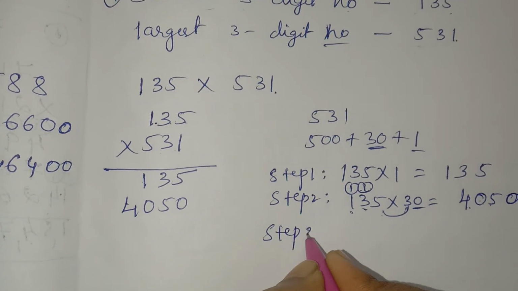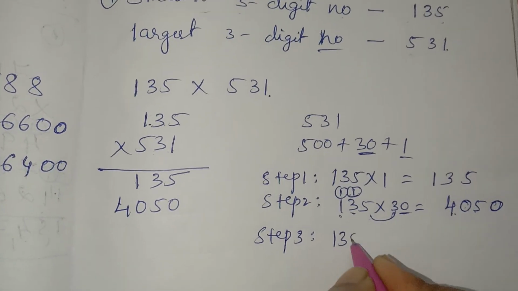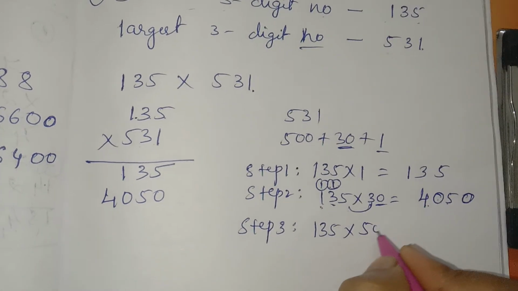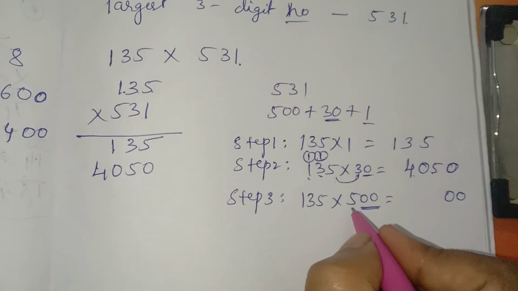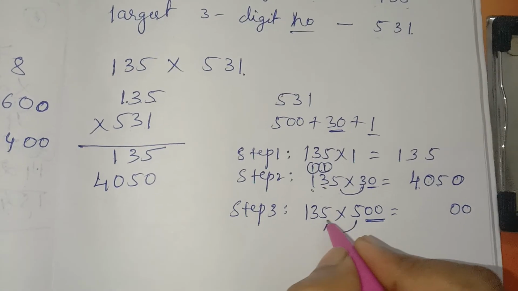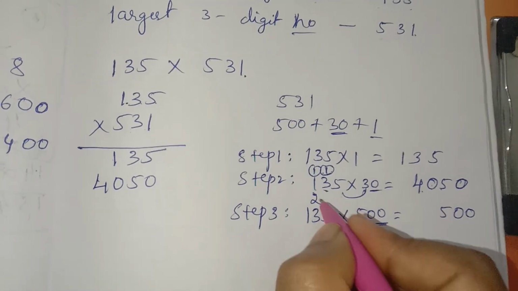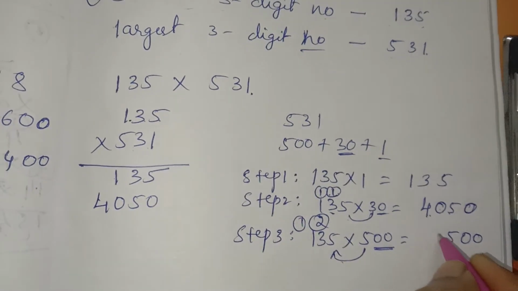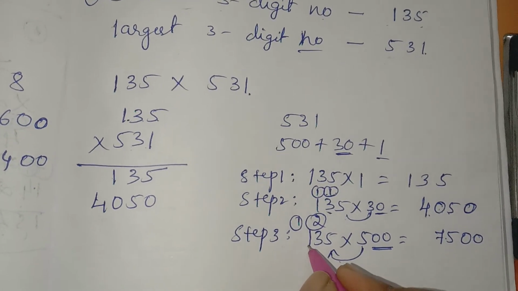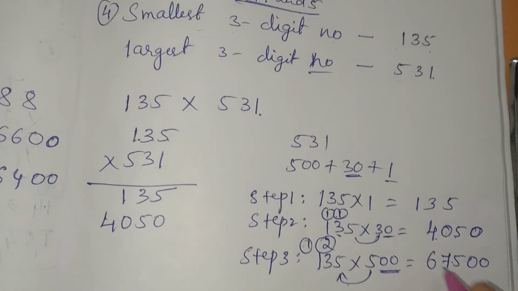Now step 3. 135 into 500. Here I am having 2 zeros. Write 2 zeros here. Now multiply: 5 5s are 25. 5 3s are 15 plus 2 is 17. 5 1s are 5 plus 1 is 6.